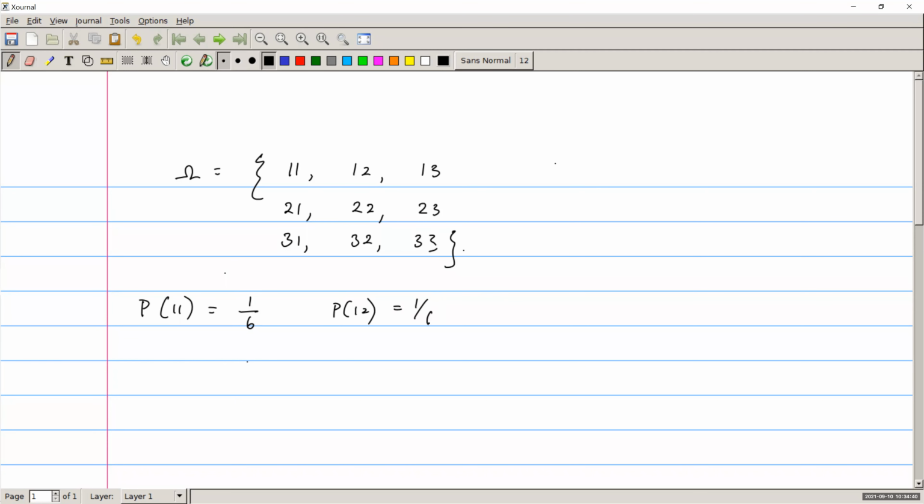No, actually 1/6. When I write probability of (1,1), what I actually mean is the probability of the single element set (1,1), but it's laborious to write all of this, so I'm just using a little abuse of notation.